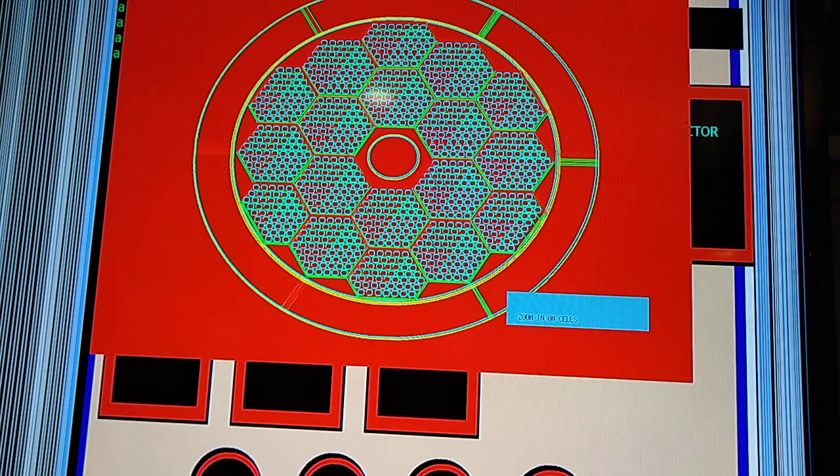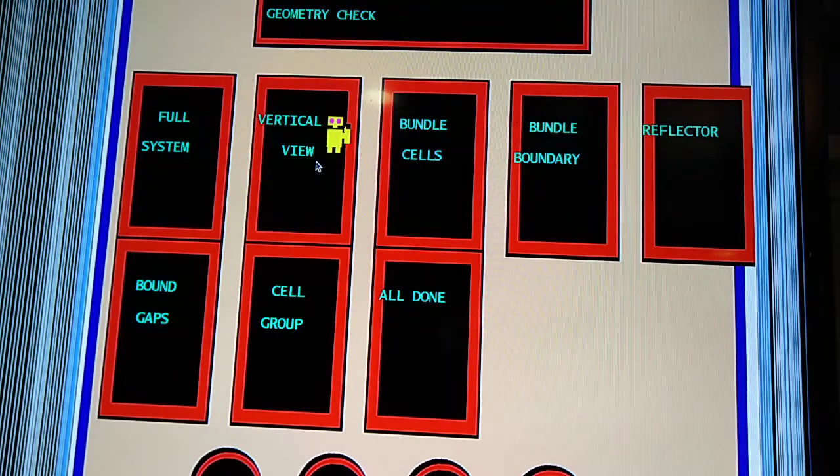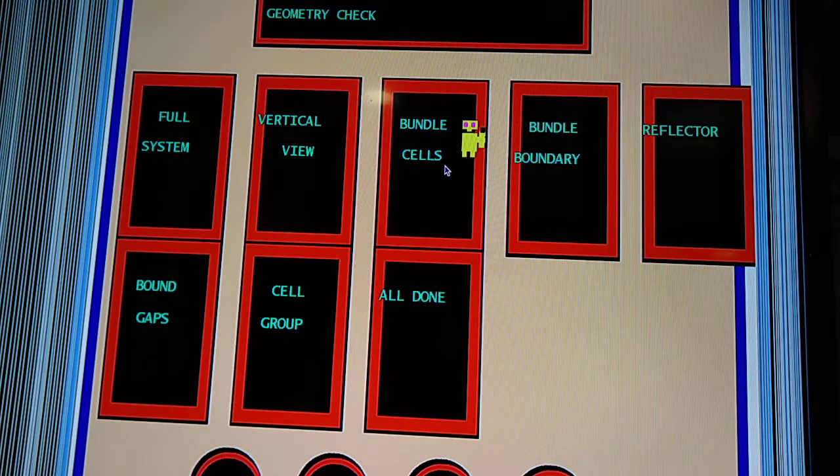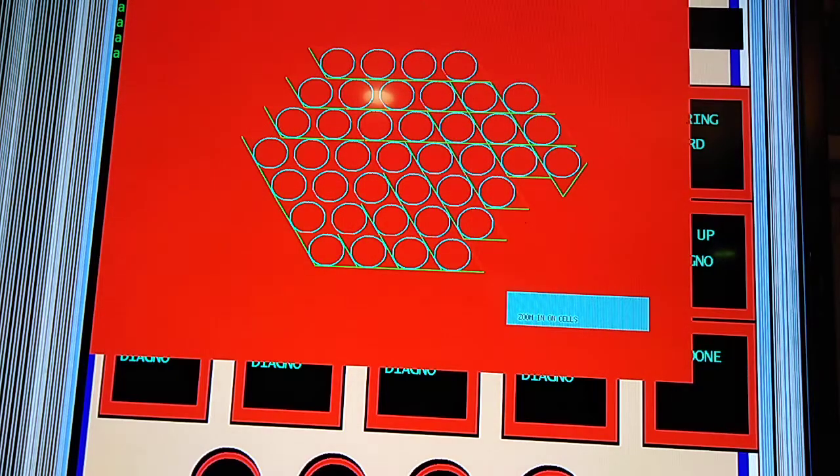So everything, this is the real reactor basically, as far as software guys go, and this is the reflector area. Okay, and the vertical view, that's just all messed up. Okay, it's looking from the side, and all the bundles.